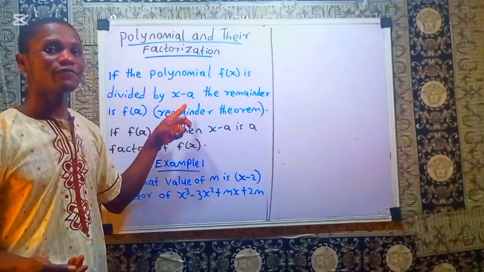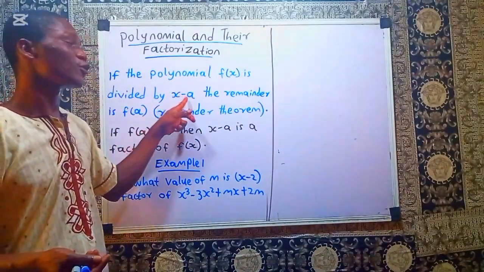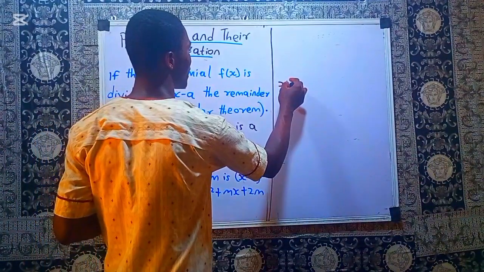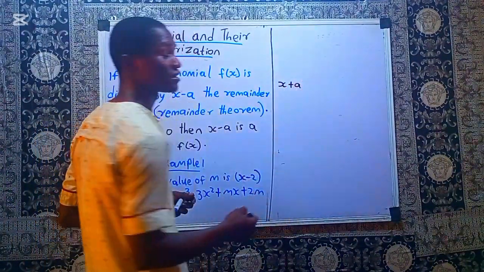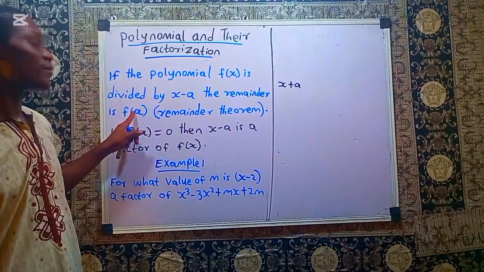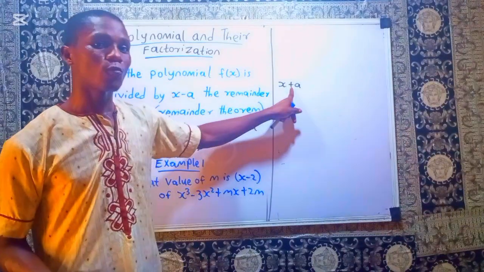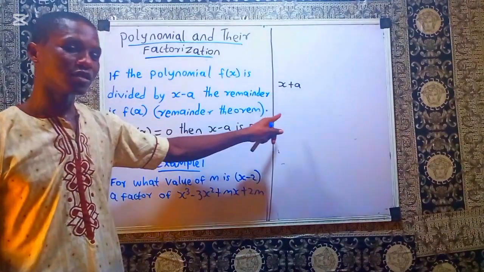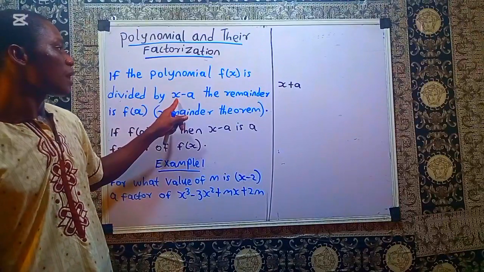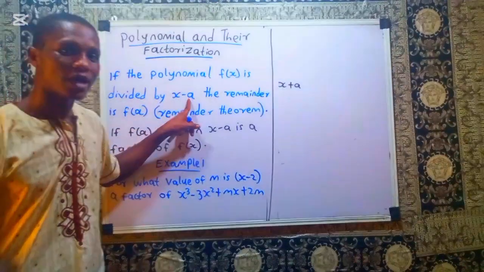It means if you are dividing the polynomial by x plus a, for instance, then here will be what? f of minus what? a. Because we are going to change the sign here. Whatever sign you have here, you change it. So the theorem is saying that if you divide a polynomial by this quantity, the remainder will be f of the number here.